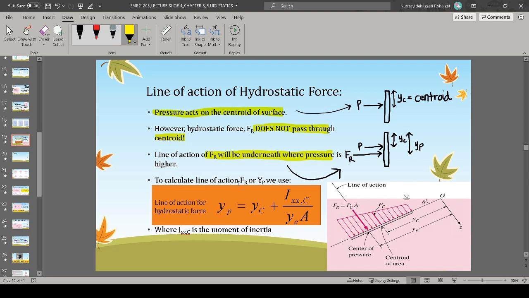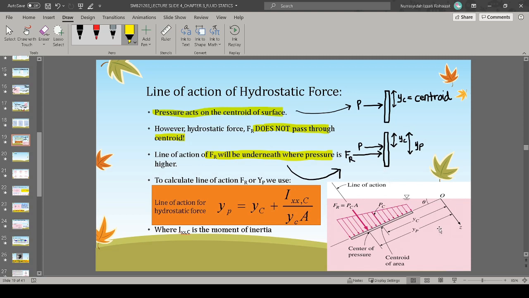To calculate the line of action for hydrostatic force, or length YP, we use YC, the length of the centroid, plus I of centroid, which is the moment of inertia about the centroid, over the length of centroid YC times the area of the surface.